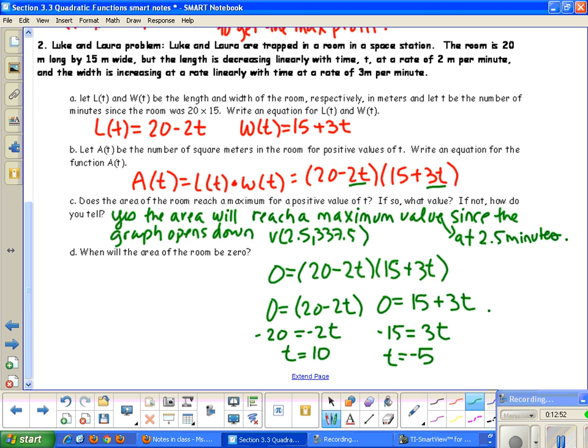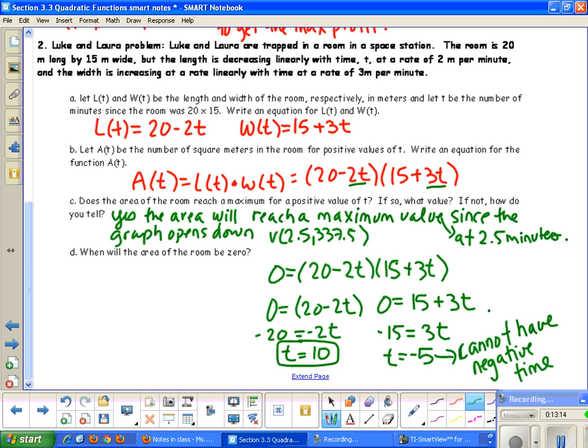Now notice I get 10 and negative 5 for time, but if you think about the problem, can you have negative time? No, so we're not going to use this. So this is going to be your answer.